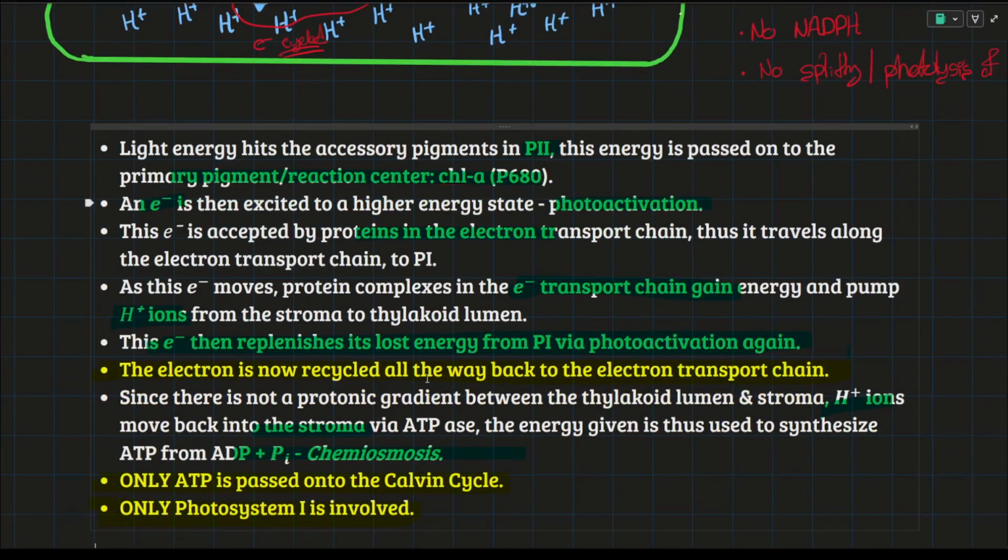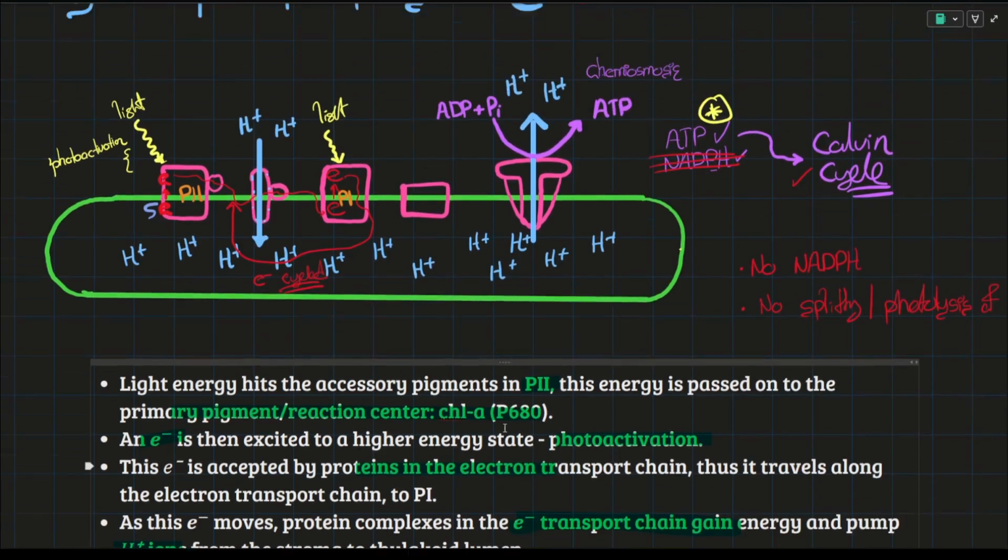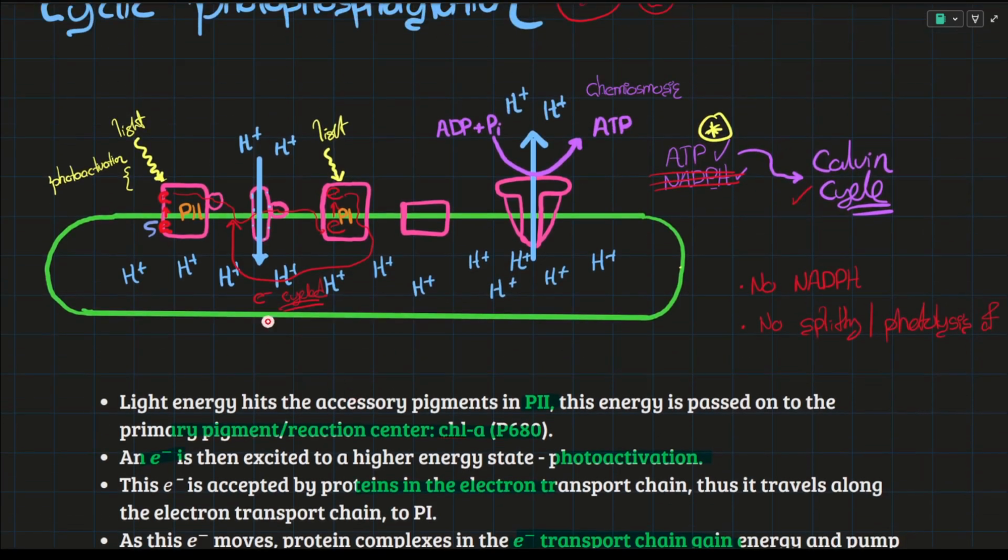You have to state in a mark scheme, in a question paper, that only photosystem 1 is involved, and there is no involvement of photosystem 2, even though you can clearly see there is. Like I said, sometimes this entire process can happen in photosystem 1 only. So you can think of it that way if that helps, but don't think about it too much. That would be my advice.